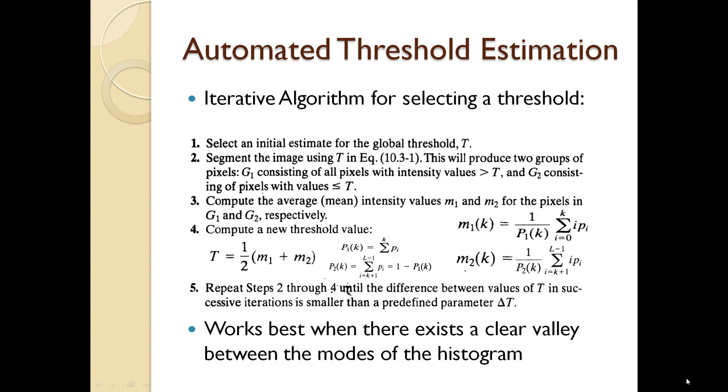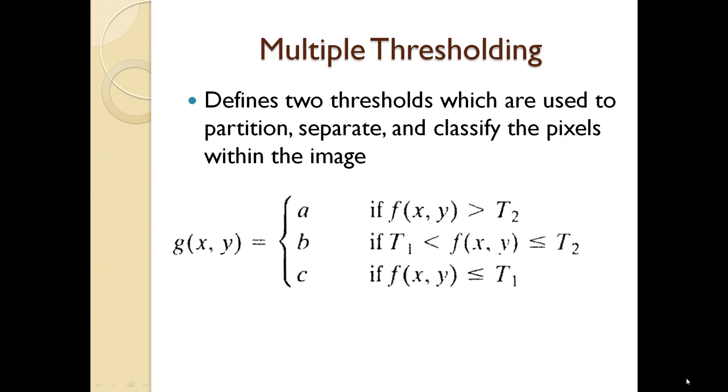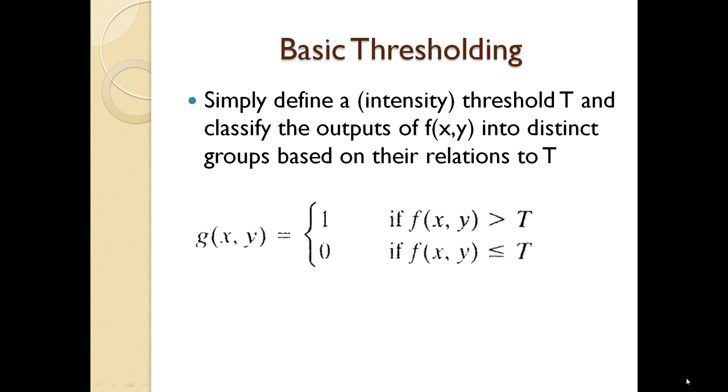You would select threshold T, and then as it says here, segment the image using T. By segmenting the image, it'll produce two groups of pixels, G1 and G2, and that equation there, 10.3-1, is just separating the pixels, similar to this here.